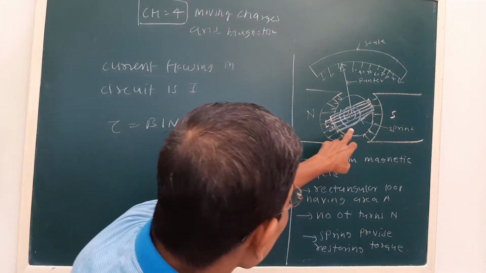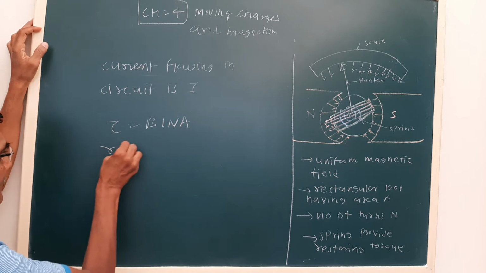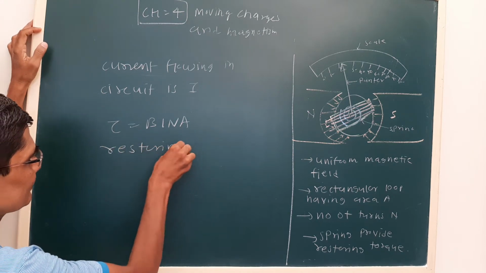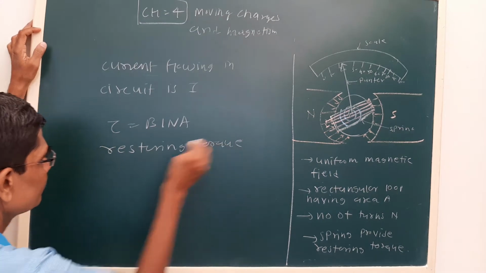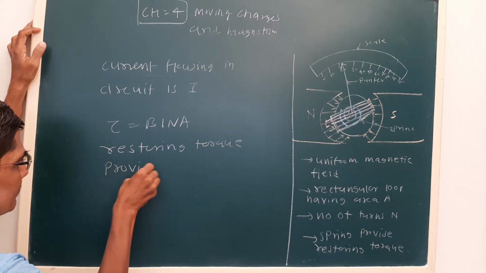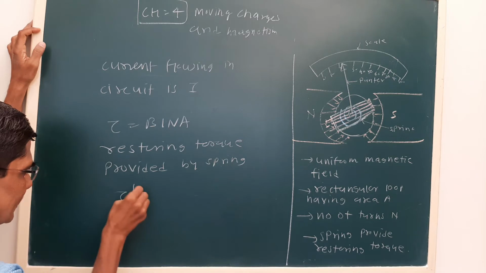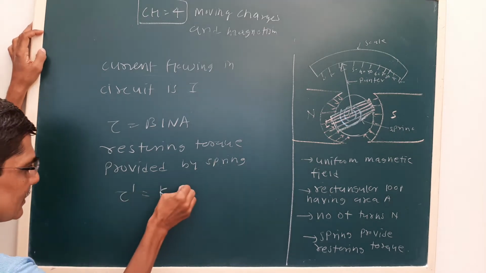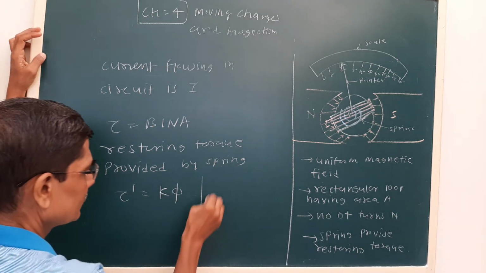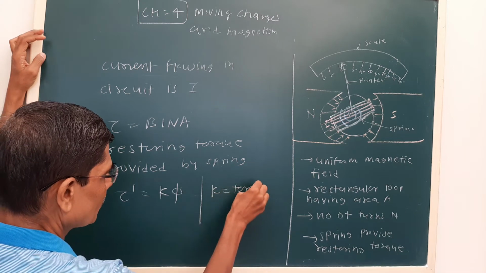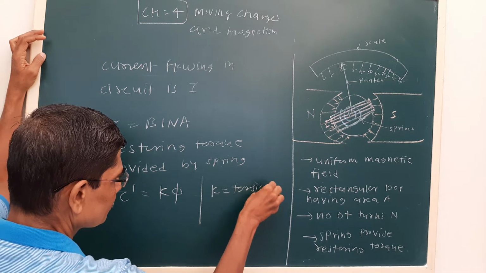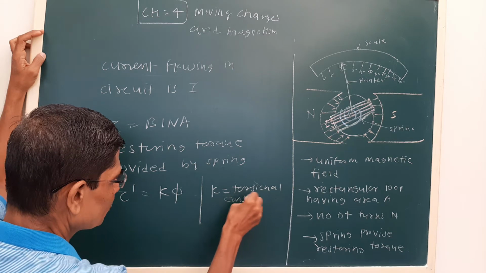Now, as I told, the spring provides restoring torque. That is a restoring torque provided by the spring. Let us say T dash is K phi. K is the torsional constant of the spring.